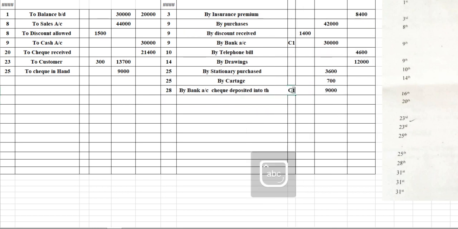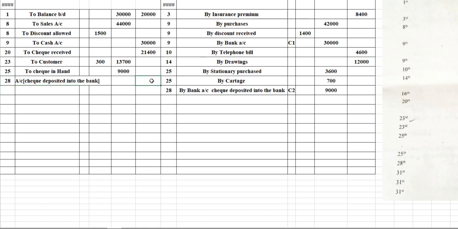For this, contra entry should be recorded because it carries marks, where you may lose if you don't follow this procedure. Okay, by cash account, in the bracket you can say check deposited into the bank, close the bracket.